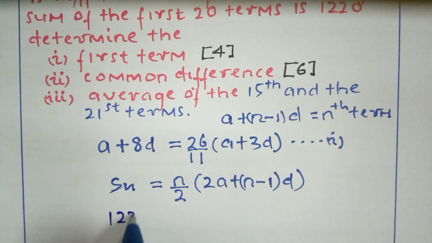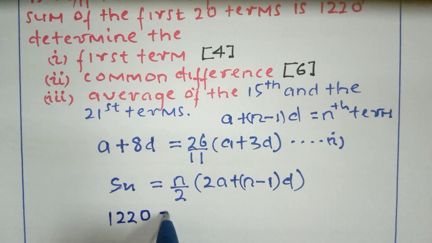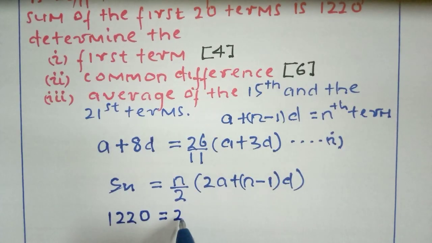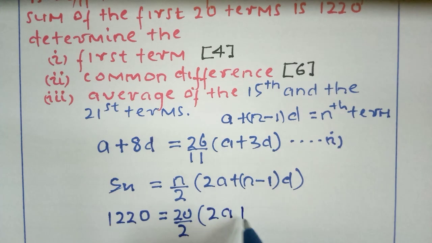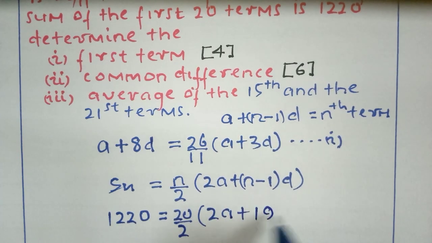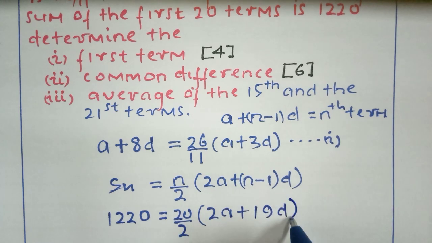So we write here 1220 is equal to, now is 20 terms, that is n is equal to 20. Then here we have 2a, then 20 minus 1, which is 19, then d, like that.